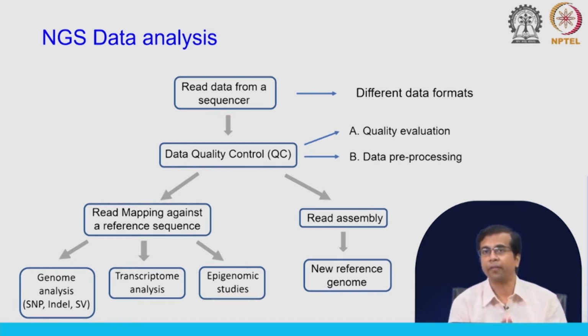You will have a reference genome against which you will map your sequence reads. If you are working with an organism where there is no reference genome, you will do the assembly. Today's focus will be read mapping, where we will discuss certain challenges and the approach, and read assembly we will discuss in the later part of this course.